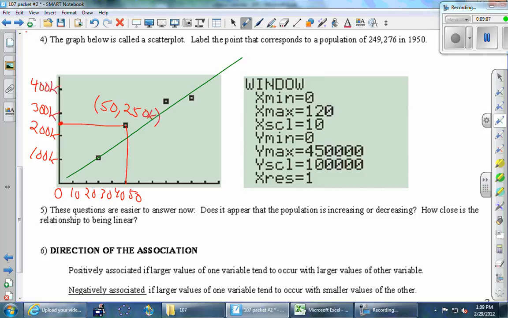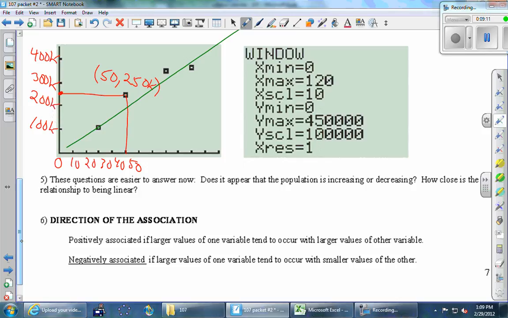We'll go to 6, Megan. Okay, let's figure out what that means in this context. So larger values of one occur with larger values of the other. This right here is a large value of what?